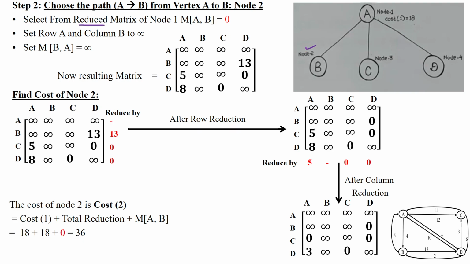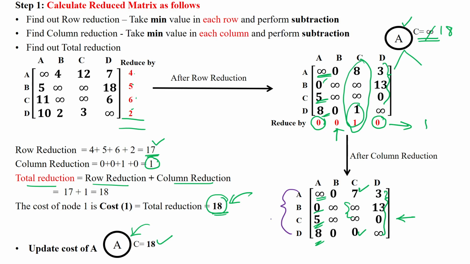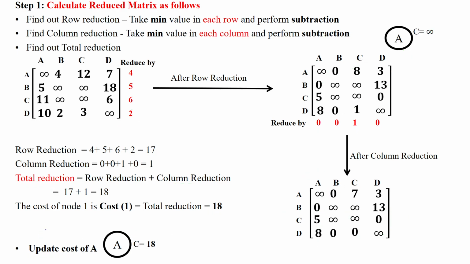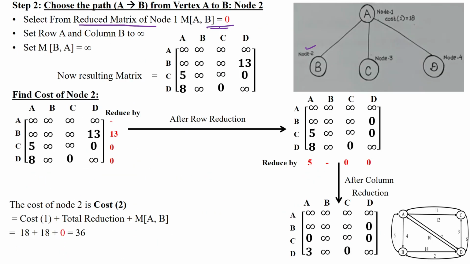Now from the reduced matrix given here, we are selecting the path from A to B. So for A to B we have to select the value of this position, which is 0.